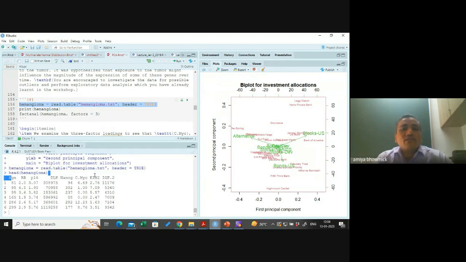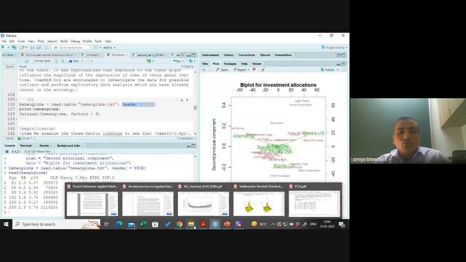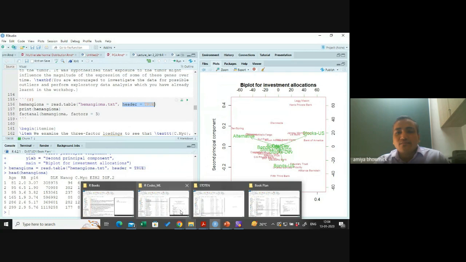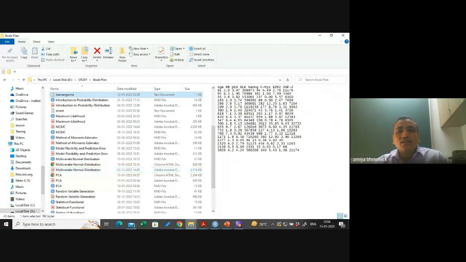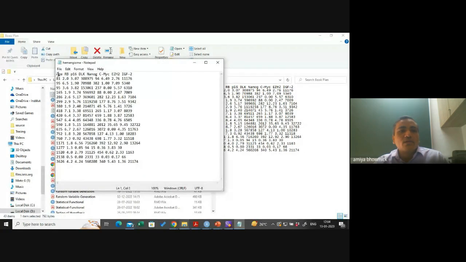If you are finding difficulty reading it, one thing is there: you need to give header equal to TRUE. If you open up this text file, you see that at the top you have the variable names, right?